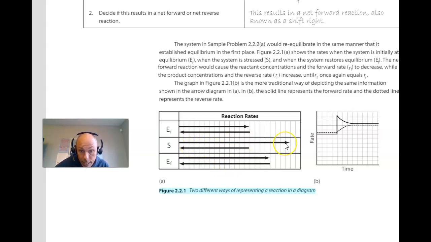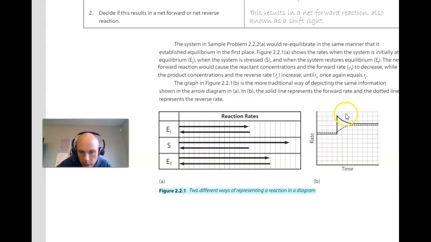The forward rate arrow is now greater than it was. As time goes on, though, the forward rate drops. As reactant is being consumed, the reverse rate increases. And at equilibrium, the forward and reverse rates are equal, and they're both greater than they were because there's now more overall substances in the system, causing, again, the reverse and forward rates to be equal, but to be greater than they were before.